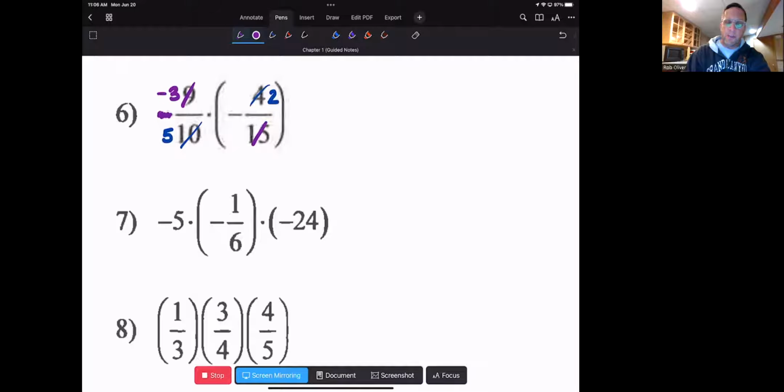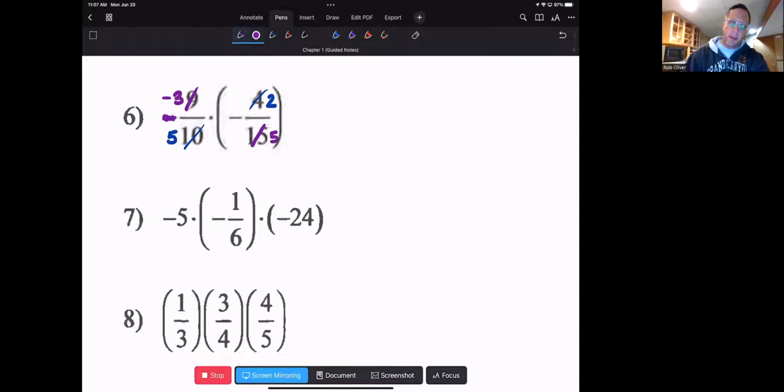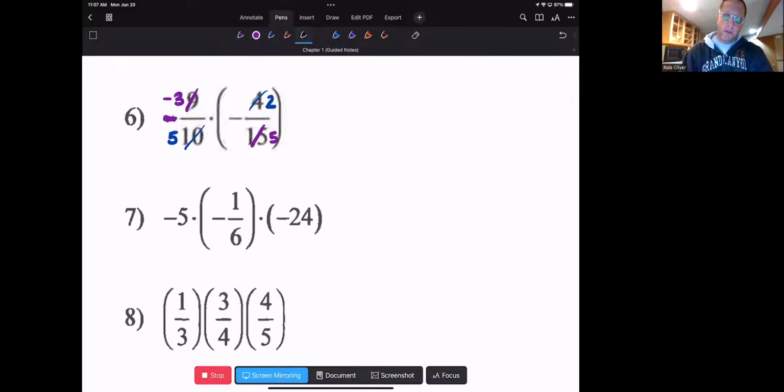And then 15 divided by 3 is 5. Now we have the numbers that we need. So we should get -3 times 2 is negative, oops, sorry, just missed something. I should put that negative right there, but a negative times a negative is positive. So this is going to come out positive. And then this is going to be 6 over 25. 5 times 5 is 25.